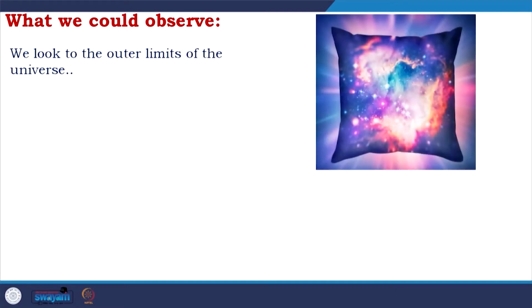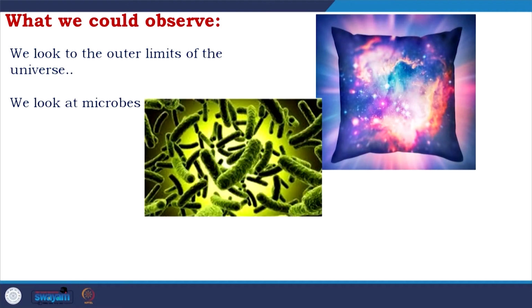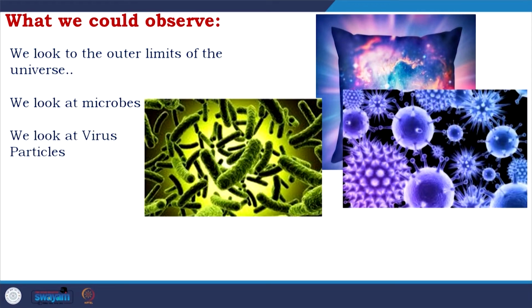To start with, from where the need of microscope comes, if you see what we could observe, we look to the outer limits of the universe, right, this is the universe. We look at microbes, bacteria, we look at viruses, you guys now know this because you all know about COVID-19.